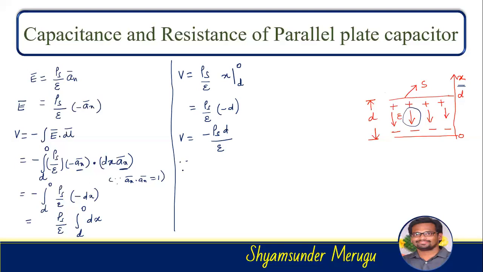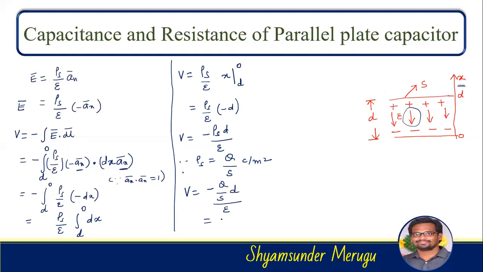Also we know that this rho s is nothing but the charge per unit surface area, coulomb per meter square. Just substitute that. So minus of q by s, then it is d by epsilon.